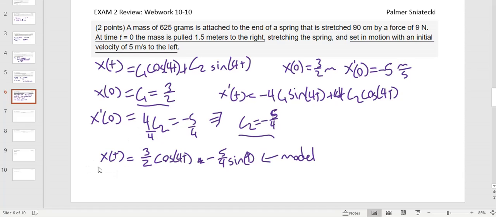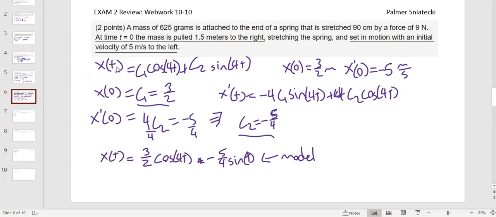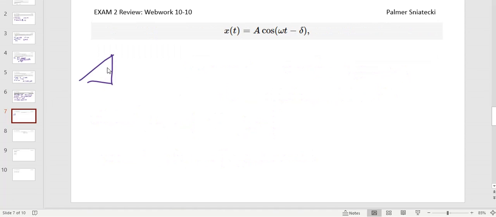Now it does want it in the form with the amplitude times cosine of omega t minus delta. So the amplitude is essentially just the hypotenuse of the right triangle. When those two functions are doing their thing back and forth with cosine and sine, the amplitude is going to be the hypotenuse of that triangle there. And delta is going to be the angle that we want in there.